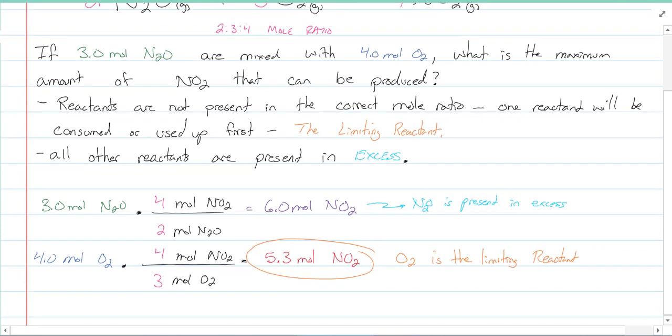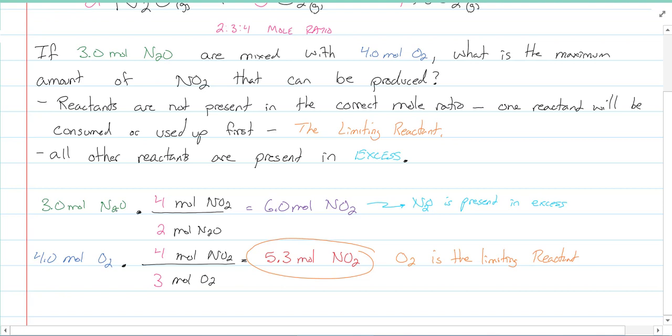I want to point something out. If you look, we have more moles of oxygen gas than we do N2O. Just because there's more doesn't necessarily mean that it's going to be in excess, and just because you have less doesn't mean it's going to be a limiting reactant. It depends on what you're using and what ratios.